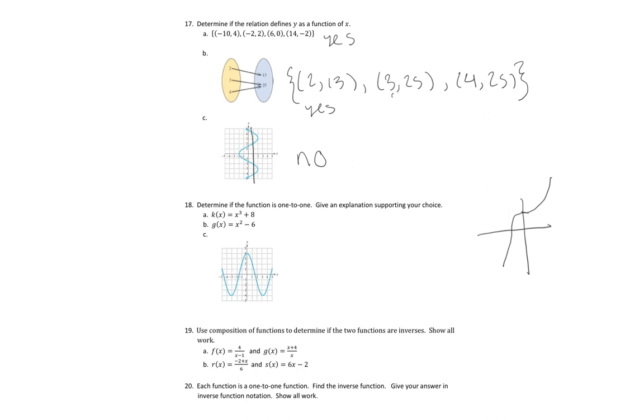And so we can see that for every x value there is only one y value, or there's only one y value for each x value.